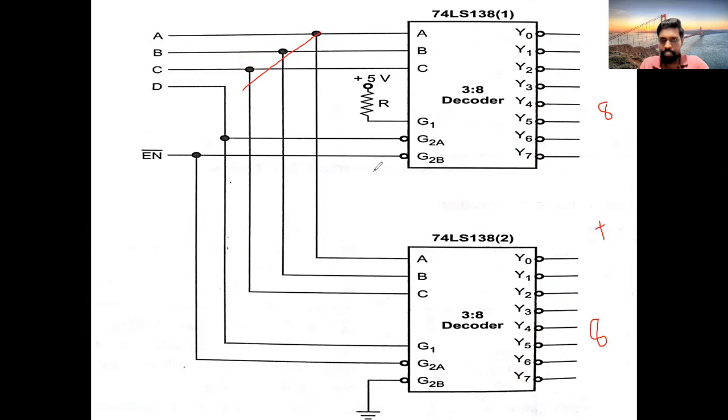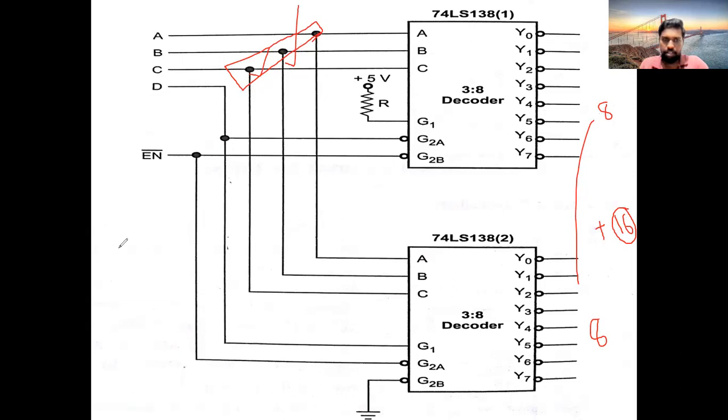If you want to add them, definitely you should tie in this format, cascade. When this cascading is done, this 8 will be added to this 8, and then you will get 16 outputs at a time.